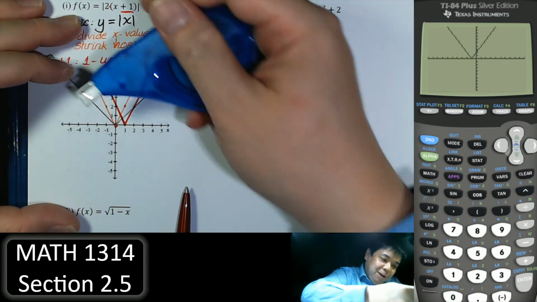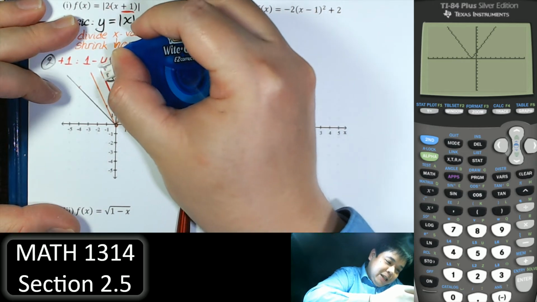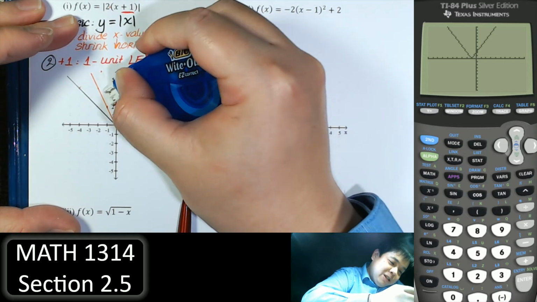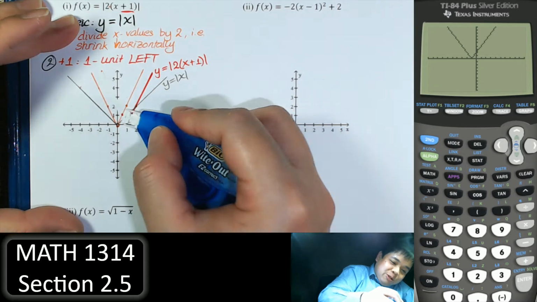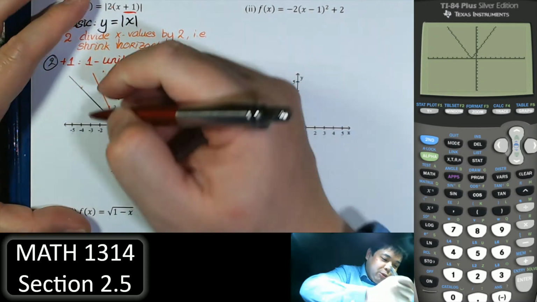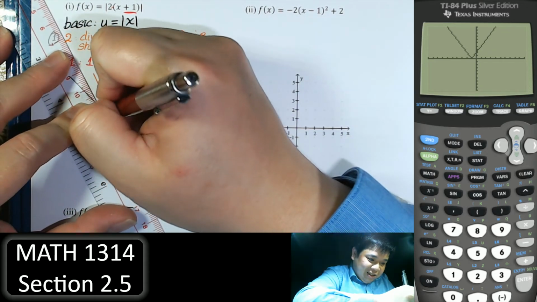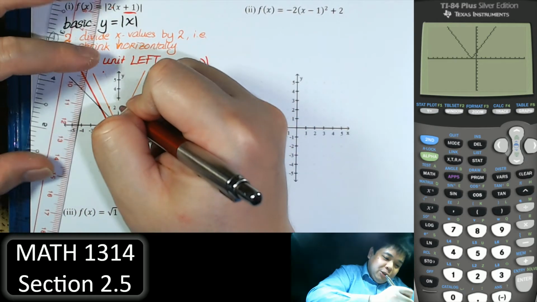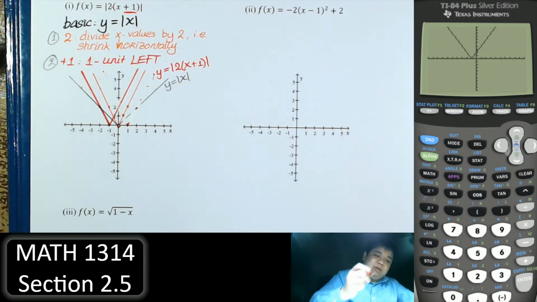Glad I got that. Like I said, my concept is perfect, but the execution is terrible. Remember, 1 unit to the left. Let's be careful with that. So that is the final graph.